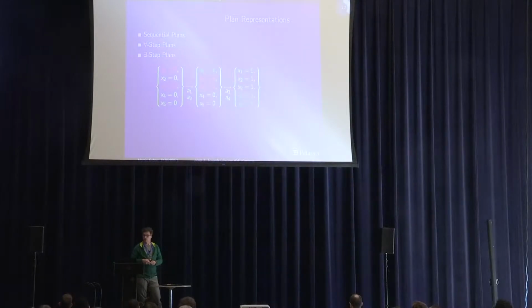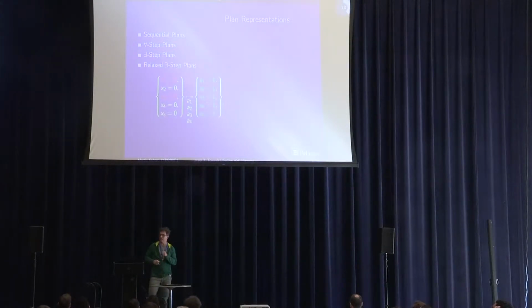And then there's the notion of exist step plans, where for each parallel plan there has to exist a sequence of actions so that you get a serial plan out of this. And as you see here, this allows you to compact things even more. And there's still the relaxed exist plan, where you have a super parallel plan, which you can then serialize again. And I'm not going to detail that. This is just to give you a visual idea of what it is, because we won't have time for that.